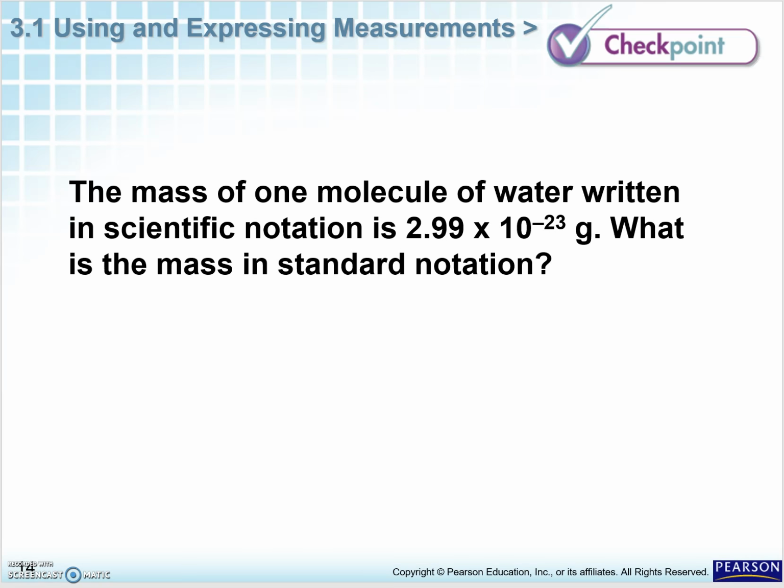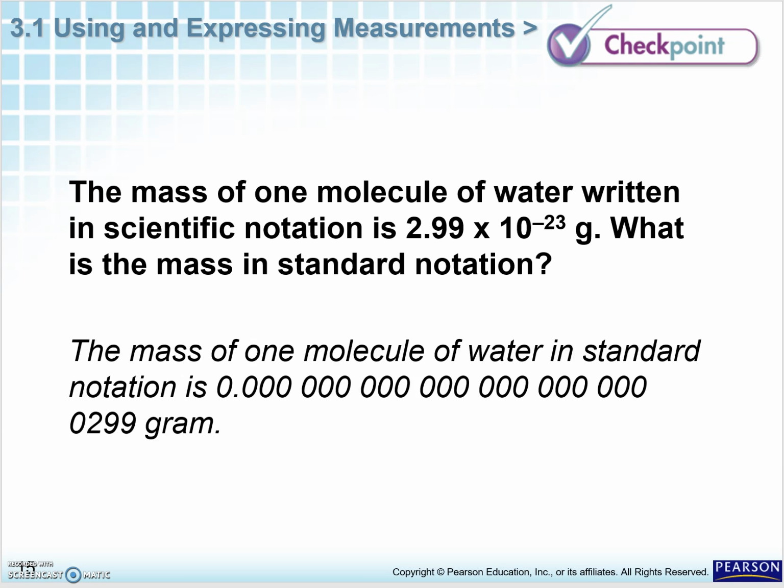And eventually you will get a number that looks a lot like this. Obviously mine ran off the screen. So scientific notation helps us significantly reduce the amount of zeros in our number that are not significant and allows us to write really small numbers really fast.